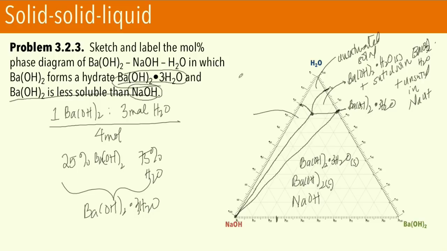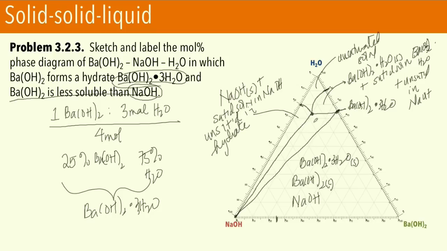The same thing goes over here: we have sodium hydroxide solid plus a solution that is saturated in sodium hydroxide, and this is going to be unsaturated in our hydrate.